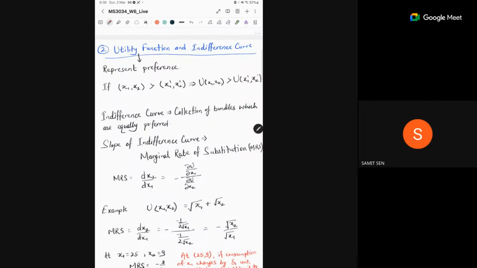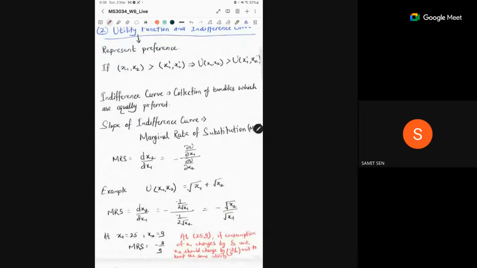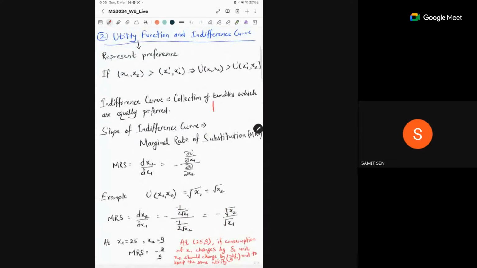And from the utility function we can derive indifference curves. What are those? Those are the collection of bundles, meaning combinations of good one and good two, which are equally preferred, which give that individual the same amount of preference.